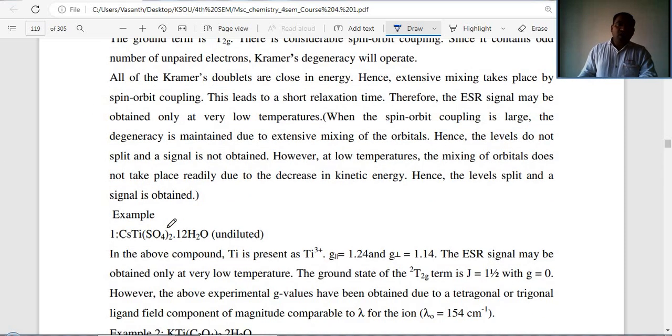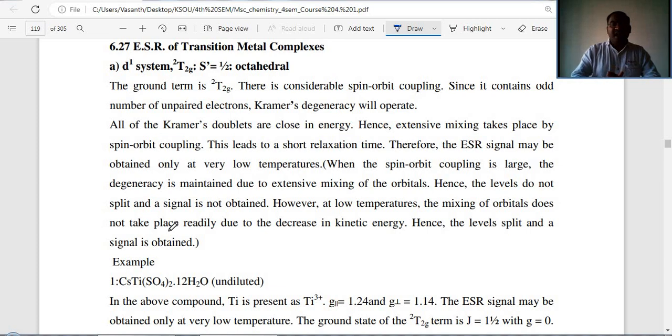All the complexes have Kramers doublets that are close in energy. This leads to a short relaxation time.